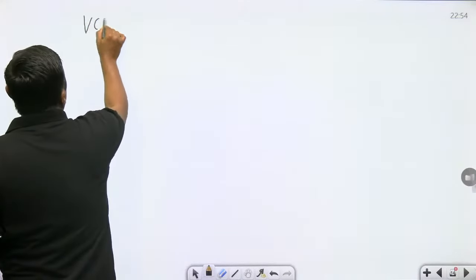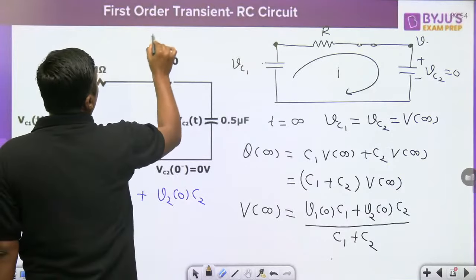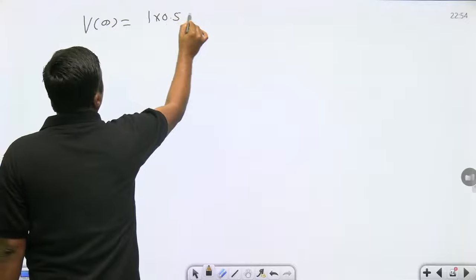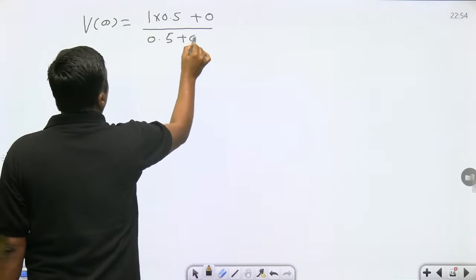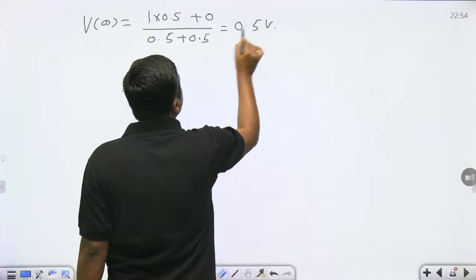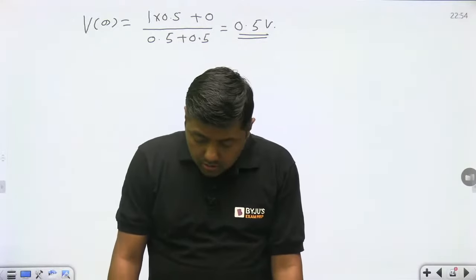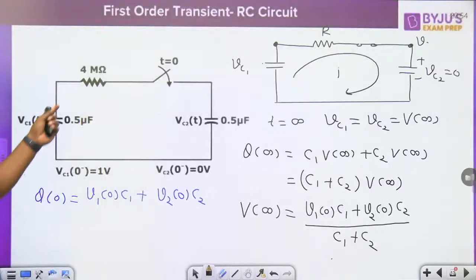The voltage across the capacitor at infinity is given by 1 volt into 0.5 plus 0 volt divided by 0.5 plus 0.5, that is nothing but 0.5 volt. This concept is clear to you, everyone? Watch this. What is the initial voltage across this?